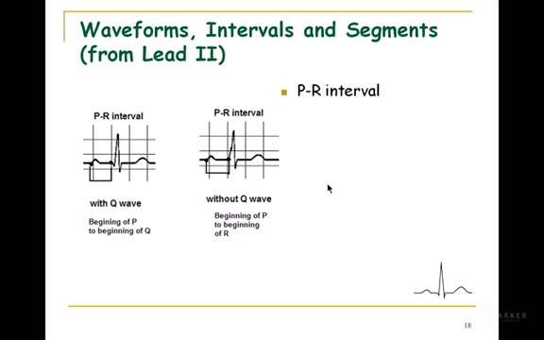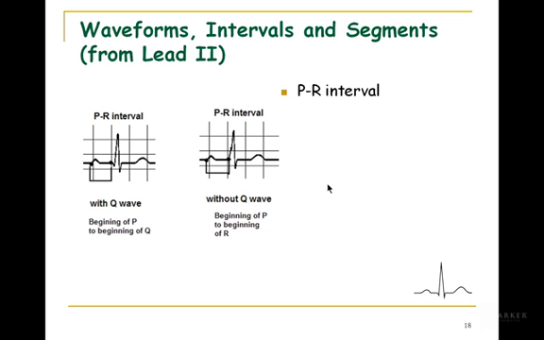So if you know the normal range, it should take anywhere from 0.12 to 0.21 seconds for that electrical impulse to go from the SA node down to the ventricles. If it's greater than that 0.21 seconds, we're going to refer to it as a first degree AV nodal block. Okay? There's a term. We're going to be talking about other types of AV nodal blocks.